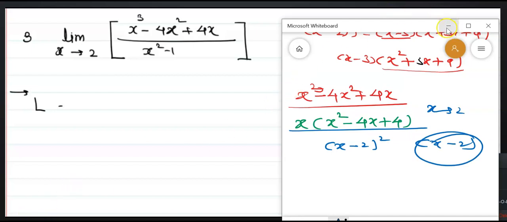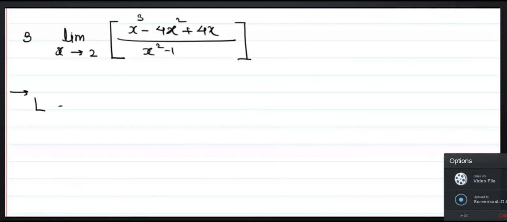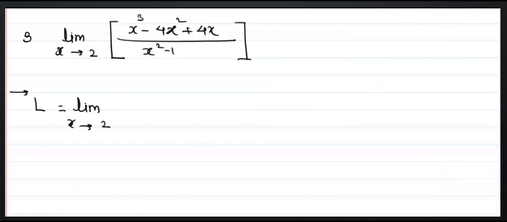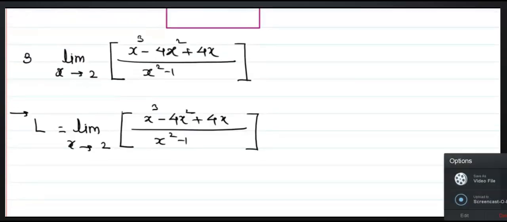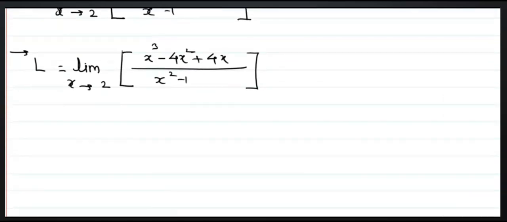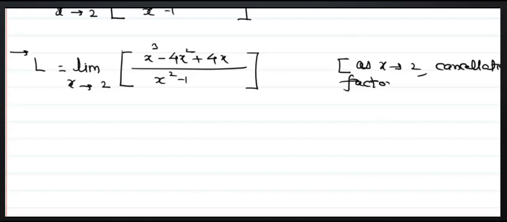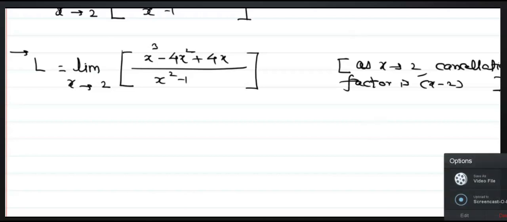Now let us solve this. See this here. Again I am writing x tends to 2. The cancellation factor is x minus 2.